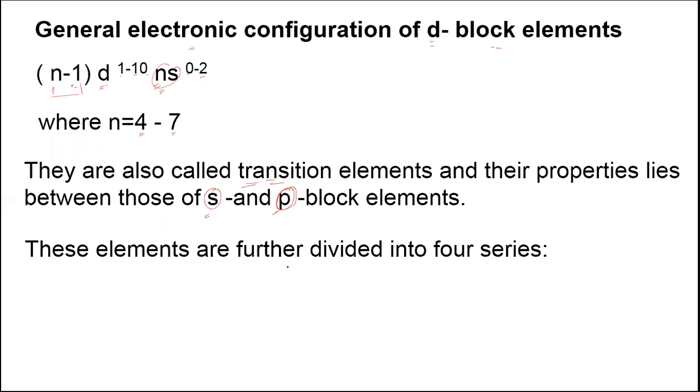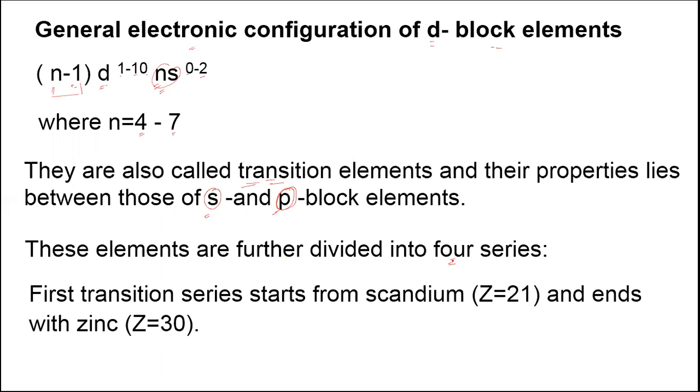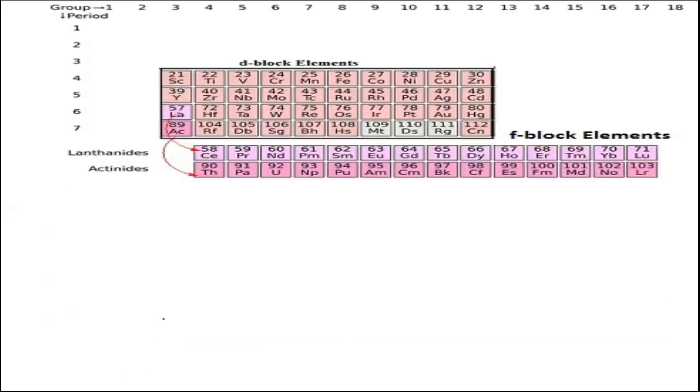These elements are further divided into 4 series. First transition series starts from scandium, atomic number 21, and ends with zinc, atomic number 30.